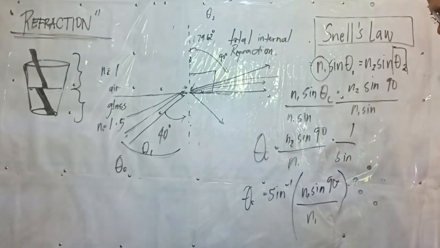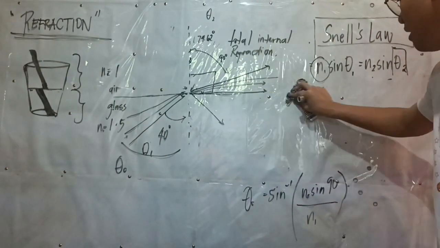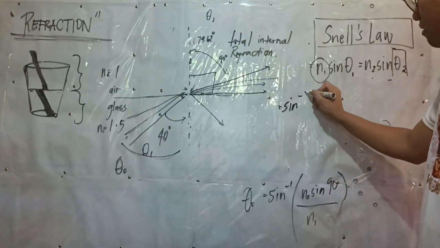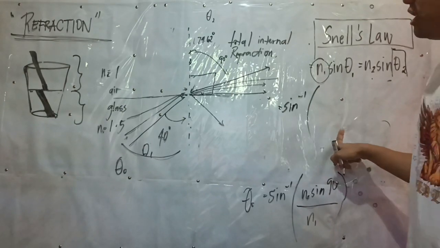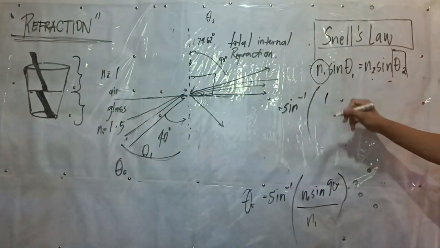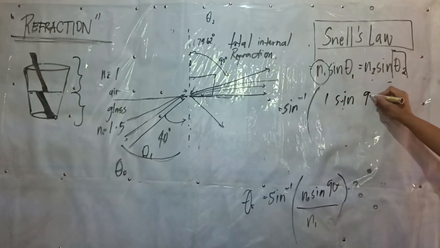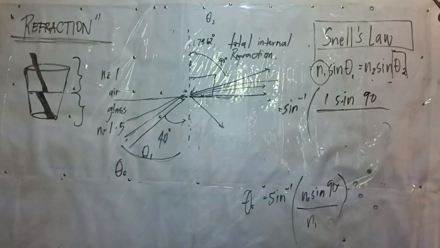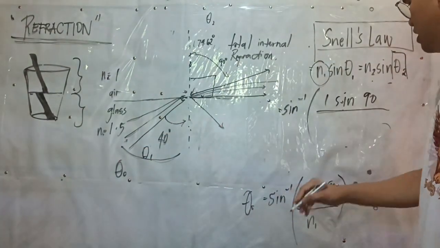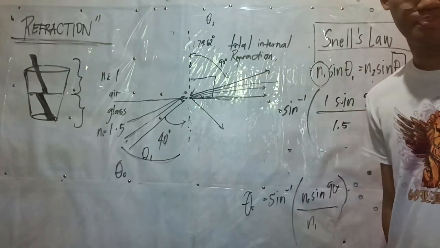So if you plug in our values, we have inverse sine of N2, which is equal to 1, times sine 90, over N1, which is approximately 1.5. So what angle would we get?